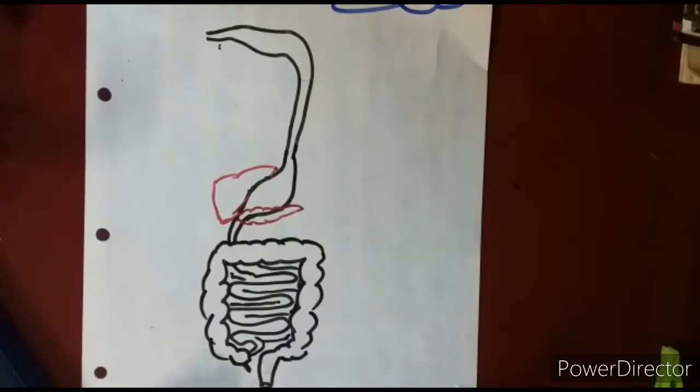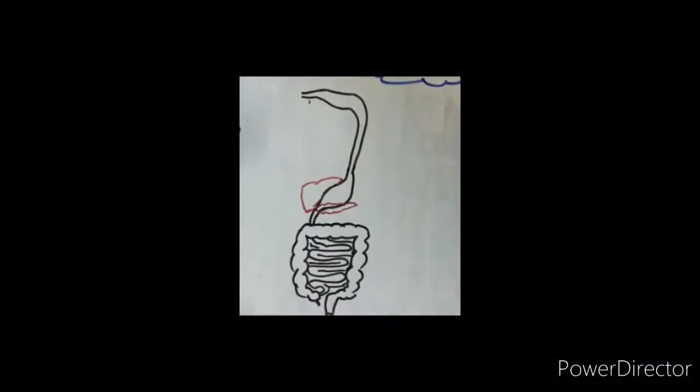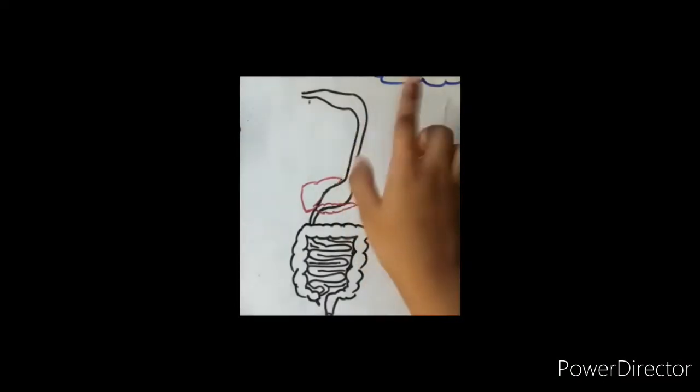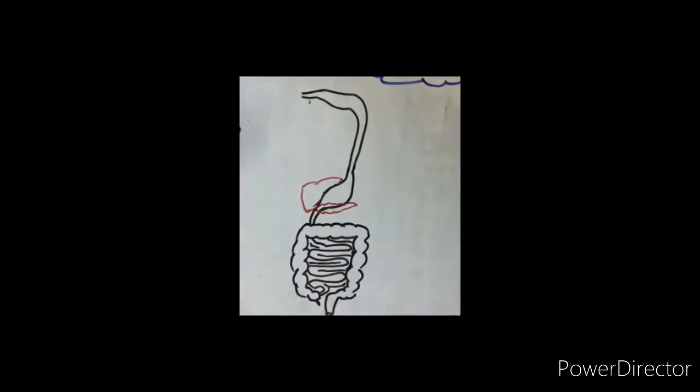So here we will learn only about the alimentary canal, the structure of our digestive system, and its different components. To understand this process completely, we have to know about the different structures and organs of our digestive system. So let's get started.